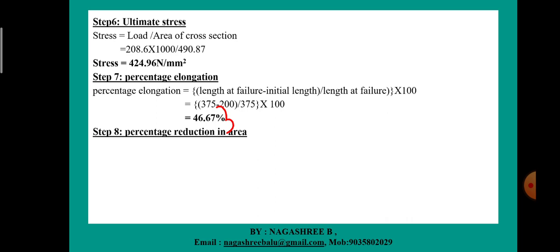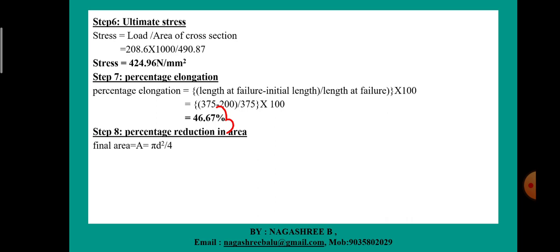So with respect to this problem, the load is applied along the length, so the length is increased, and the perpendicular dimension to the load application here is diameter. So therefore the diameter will be decreased here. So initial diameter is more compared to the final diameter. So we are supposed to find out the percentage reduction in area.